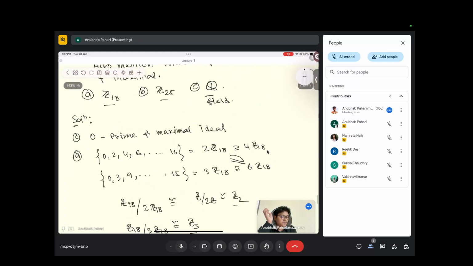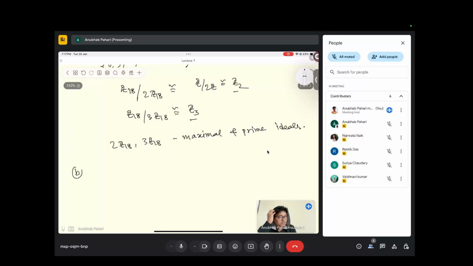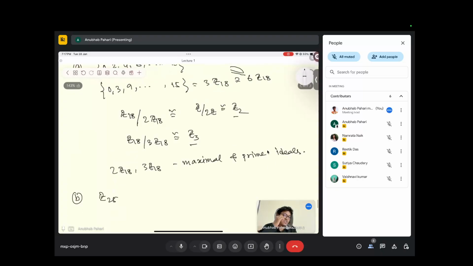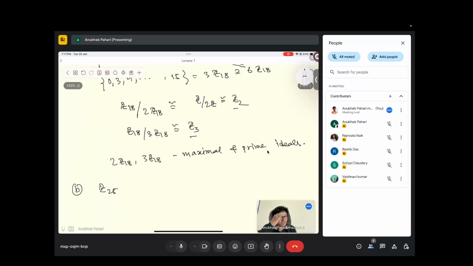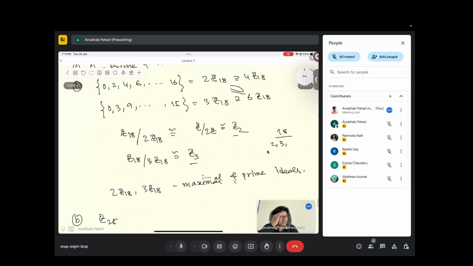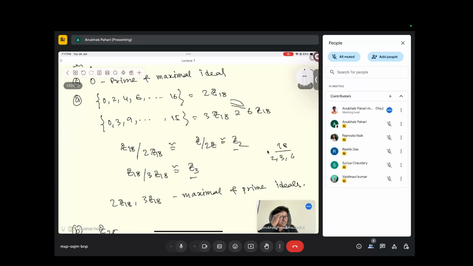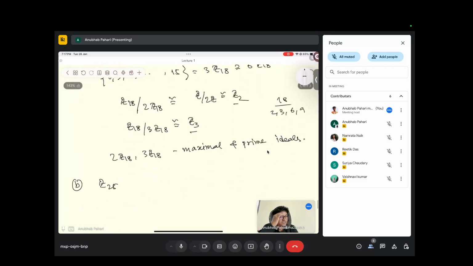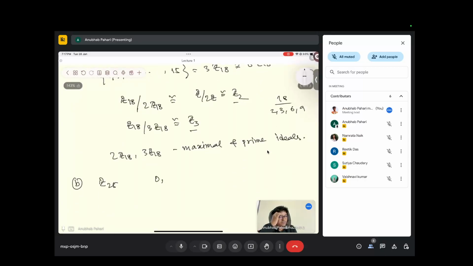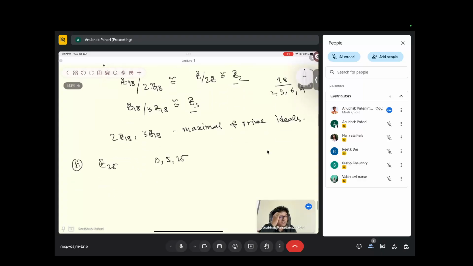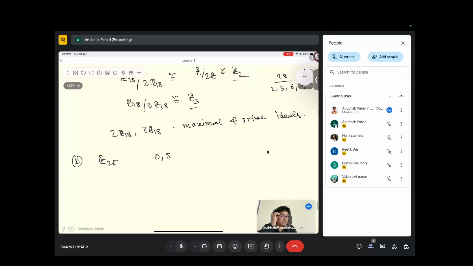Now what about B? Similarly, you can think about Z25. The trick is finding all those divisors. 18 has 2, 3, 6, 9, but here only 0, 5 and 25. 0 and 25 are the same thing in Z25.